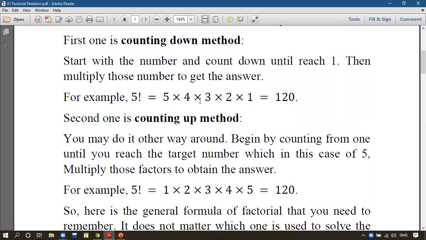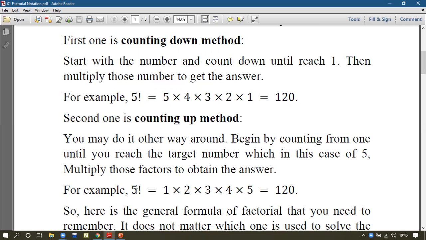This is the counting down method. Now, the second one is the counting up method. You may do it the other way around. That means begin by counting from 1 until you reach the target number, in this case factorial 5, and then multiply these factors to obtain the answer.